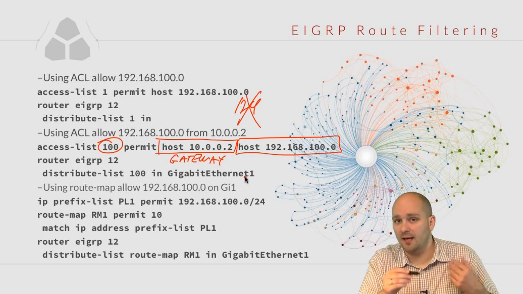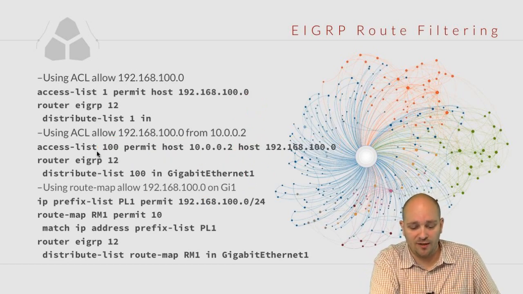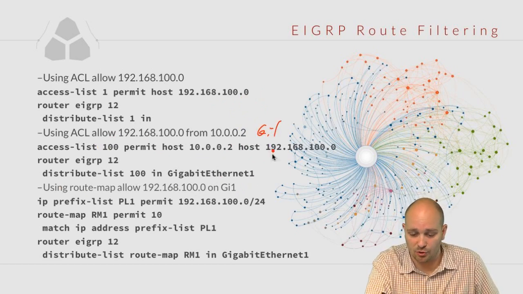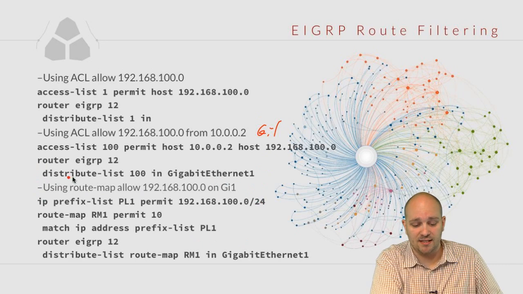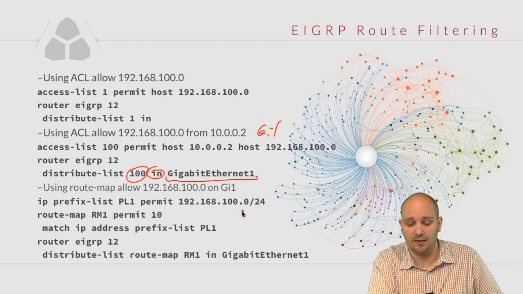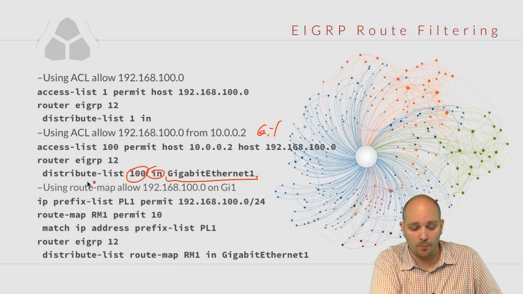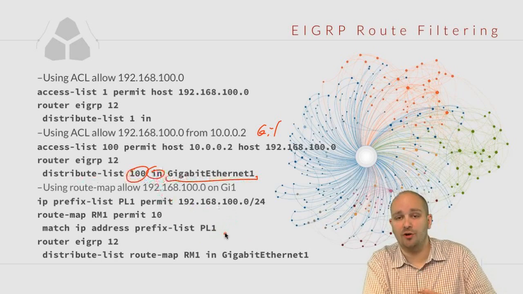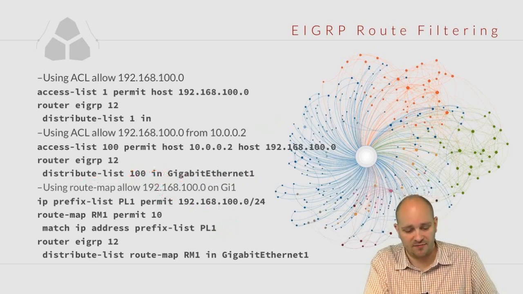Same rules apply as before. So now that we have used the extended access list, we are going to do the same thing. And again, let's say that this was on gigabit interface 1. So we can say distribute list 100 in, so in the inbound direction on gigabit interface 1. So we are applying this distribute list only for routes on gigabit 1. Other interfaces will not be affected by this filtering.